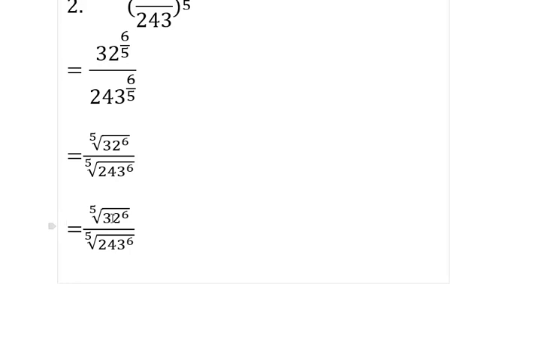So let's go. 2 times 2, that is 4. 4 times 2, 8. 8 times 2, 16. 16 times 2, 32. So what this means is we are looking for a number that you multiply 5 times that will give us 32. In the same vein, you look for a number that you multiply 5 times that will give you 243.